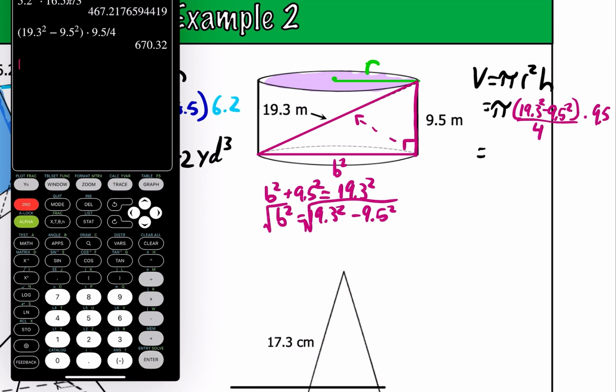We're going to multiply that by pi. And we are going to get 2,105.9 cubic meters.